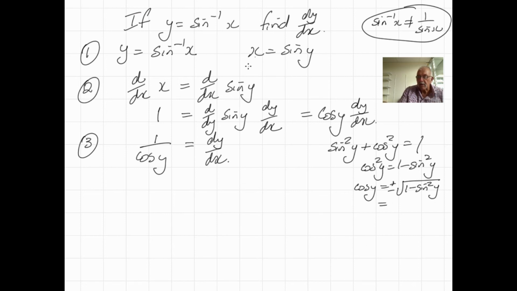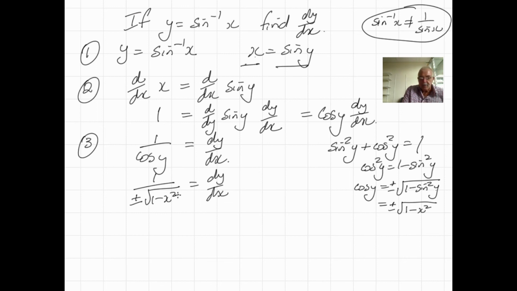But sine of y is equal to x, so it'll be plus or minus the square root of 1 minus x squared, because sine squared y must be equal to x squared. So we get dy dx equals 1 over plus or minus the square root of 1 minus x squared.